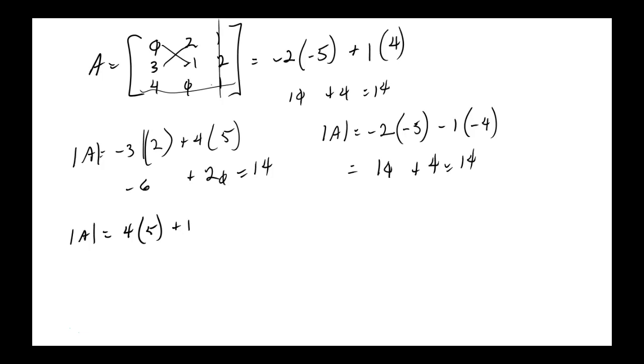Plus, is it 2 times 3? 2 times 3 is 6. So it's 0, 6. No, minus 6, because this is your up diagonal. Change the sign. So that would be minus 6. And 4 times 5 is 20. Minus 6 is 14. It must be 14.